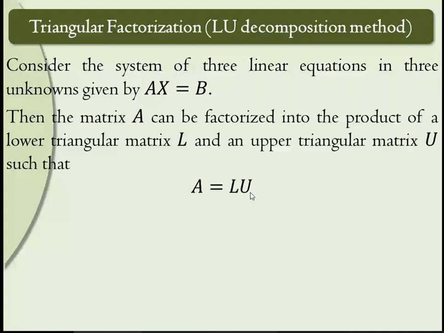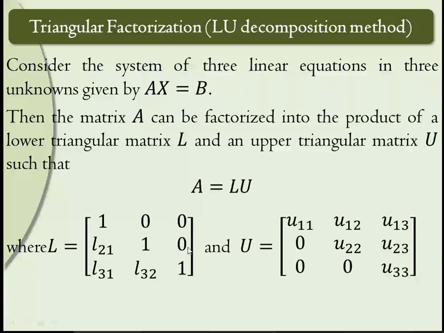We can factorize A into a lower triangular matrix and an upper triangular matrix, such that A is equal to L into U. Now, what is a lower triangular matrix? All the elements above the diagonal are 0, and in an upper triangular matrix, all the elements below the diagonal are 0. The standard form of the lower triangular matrix L is: 1, 0, 0, L21, 1, 0, L31, L32, 1.